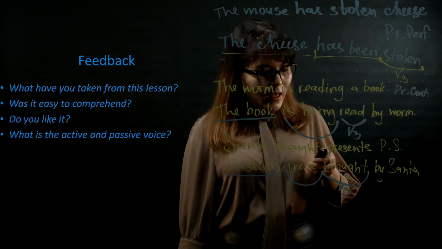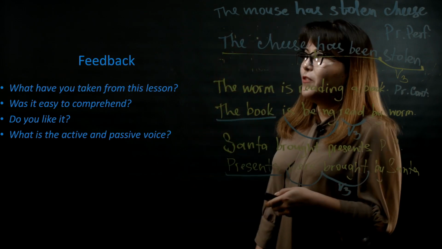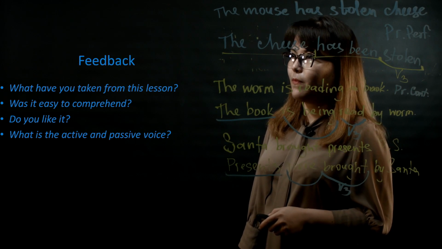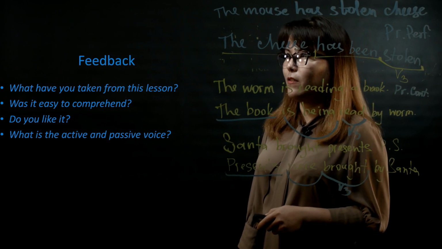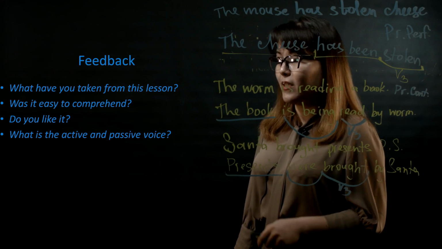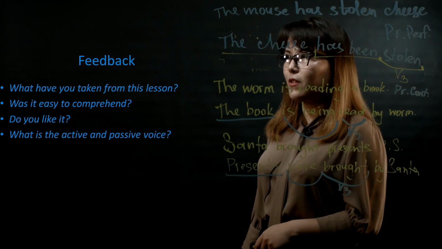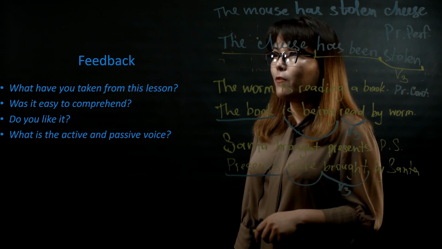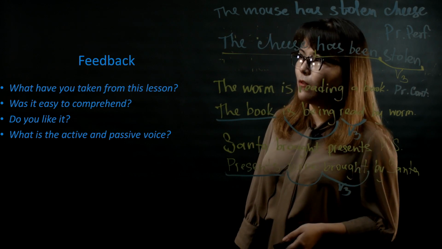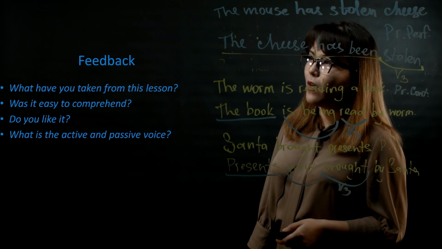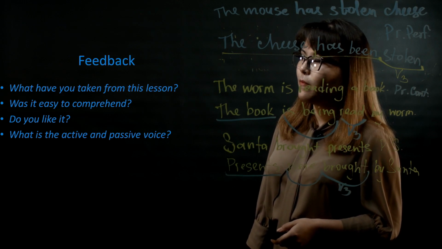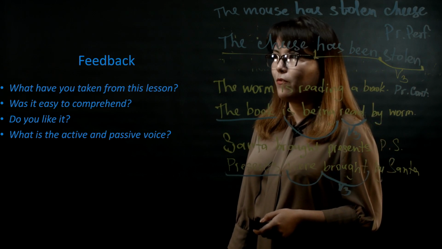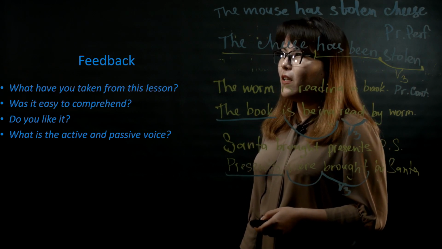So, let's have some feedback. What have you taken from this lesson? Okay, now you know exactly the difference between active voice and passive voice, and you know how to transform from the active voice into the passive voice. Okay, was it easy to comprehend? Maybe at the beginning? Oh yes, it was not very easy at the beginning.